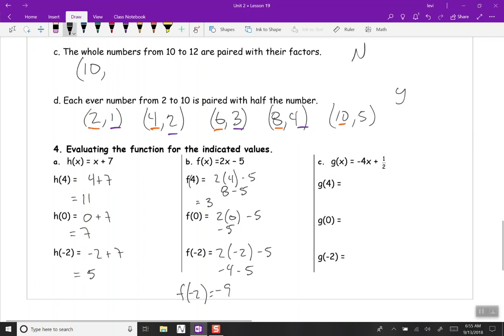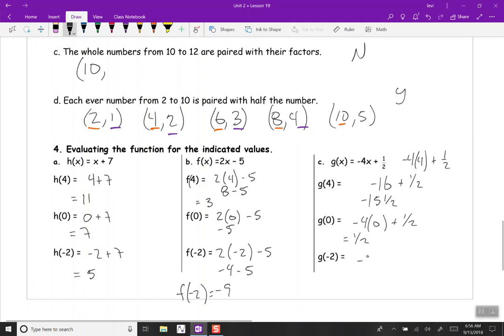And our last one, G of 4 is negative 4 times 4 plus 1/2, so that would be negative 16 plus 1/2, so that's negative 15 and 1/2. G of 0 would be negative 4 times 0 plus 1/2, so that's 0 plus 1/2 would be 1/2.